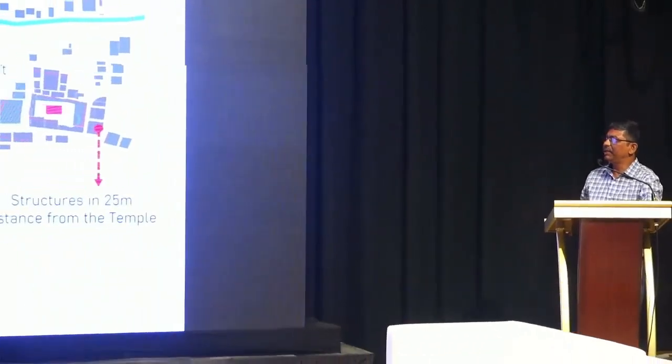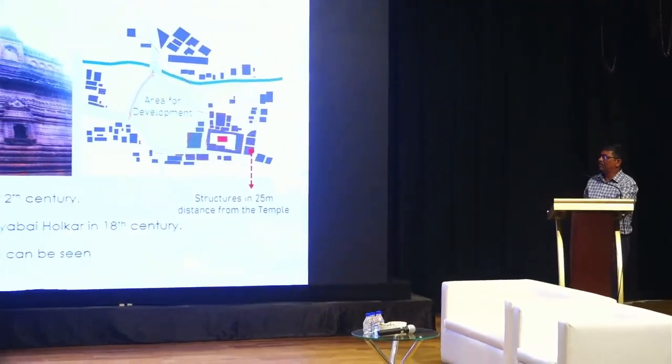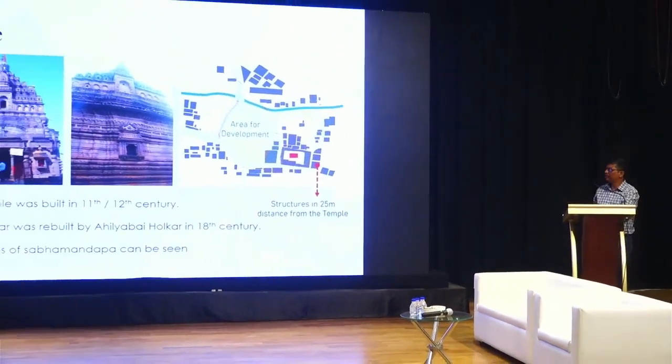The Khandoba temple is an 11th, 12th century temple. Up to the Chadya level, it is in stone masonry, and the Shikhara is in brick masonry. The masonry was built by Ahilyabai Holkar during the Peshwa period.